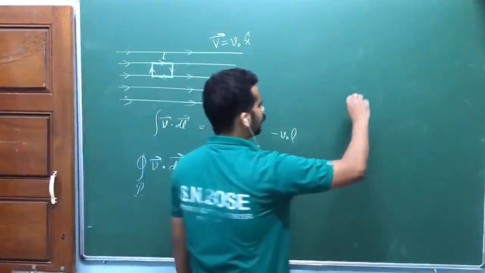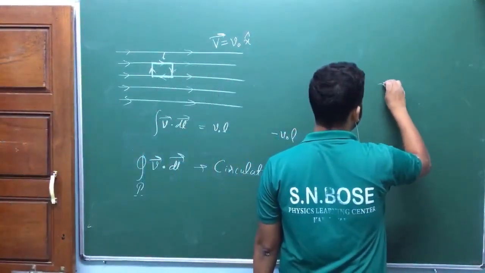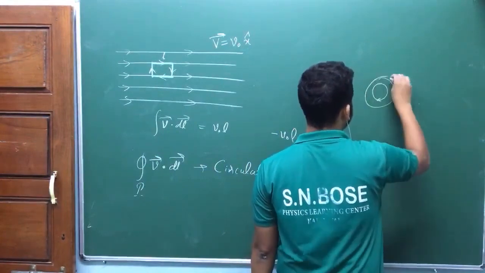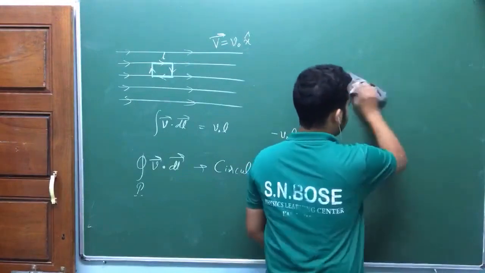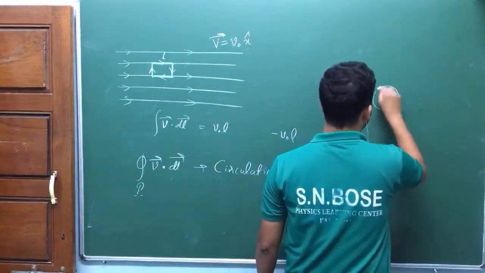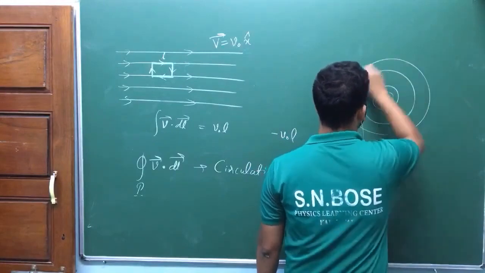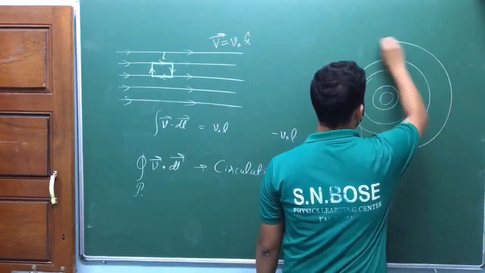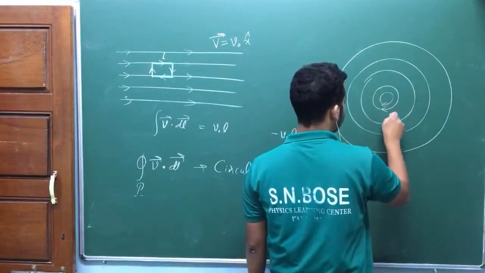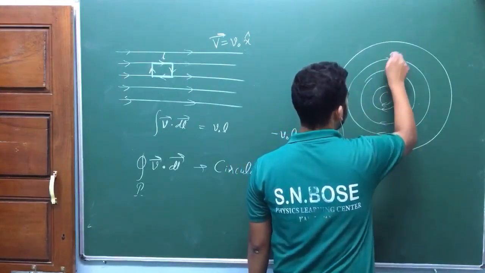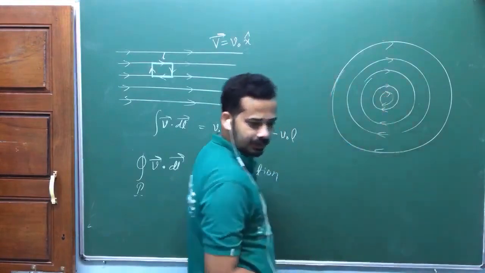Suppose I have a vector field, like the magnetic field due to a current element, isn't it?